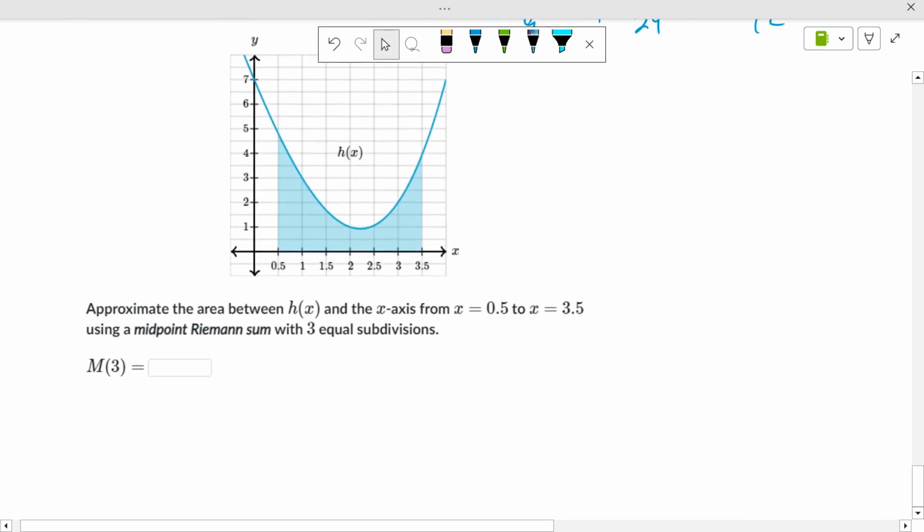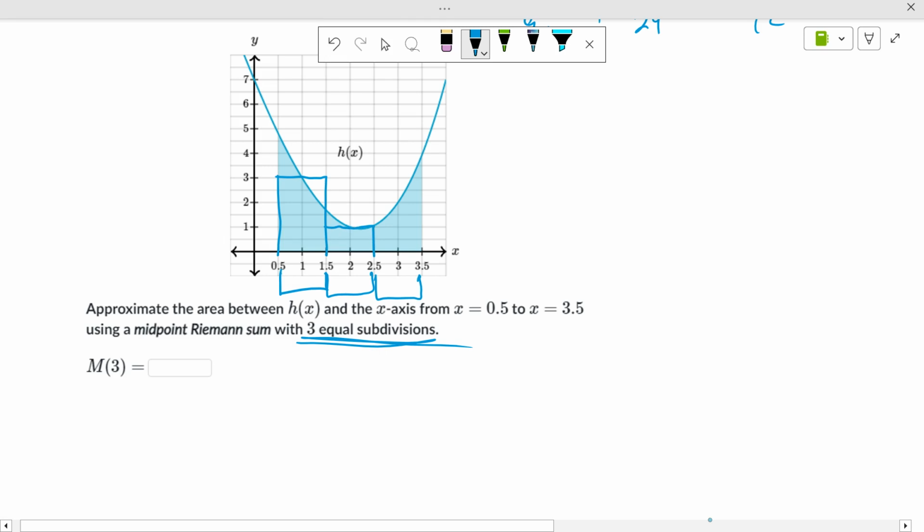All right, last one. Midpoint Riemann sum. What's a midpoint Riemann sum? Well, we're dividing this into 3 equal subdivisions. So from here to here, from here to here, from here to here. So the midpoint is where we are right here at 1. So I draw my rectangle like this. That's a midpoint one. Then I draw my rectangle right here.